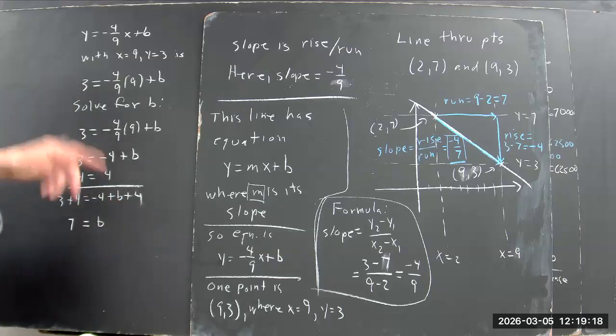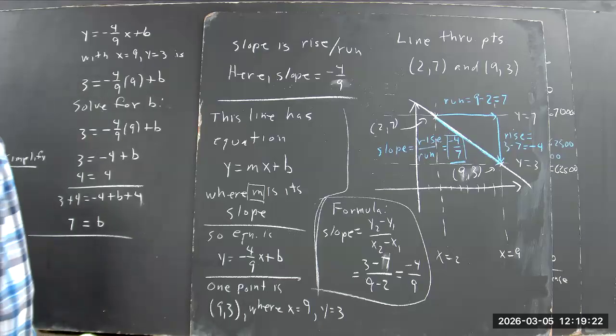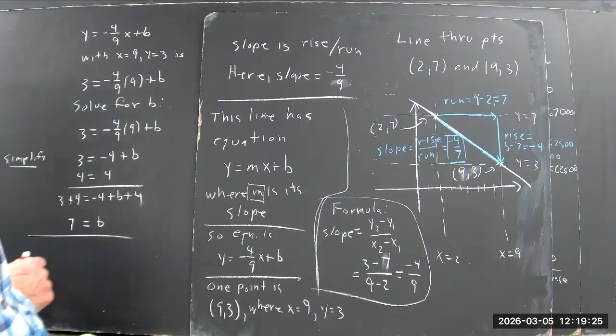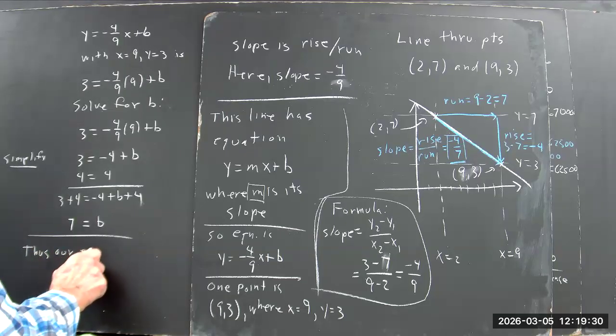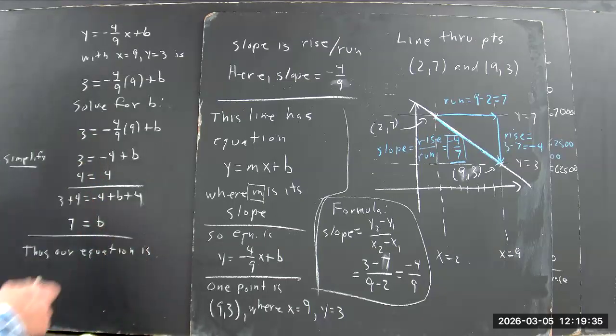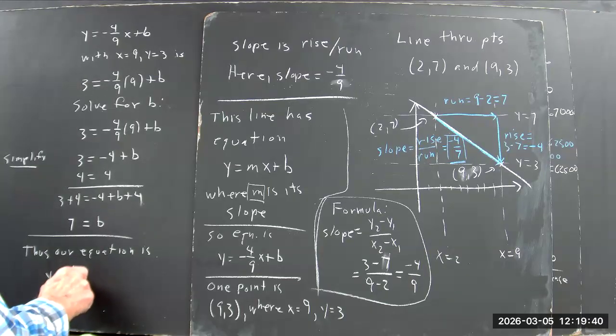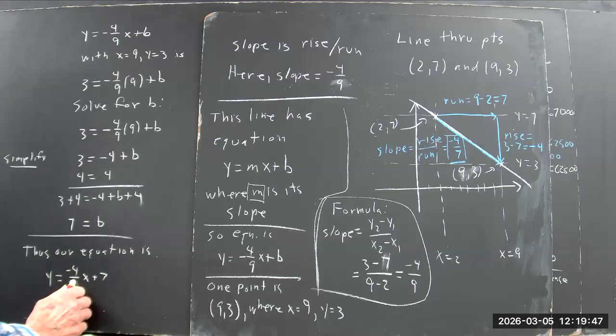Negative 4 plus 4 is 0, and then we have the plus b. Thus, our equation is y equals negative 4/9 x plus 7.